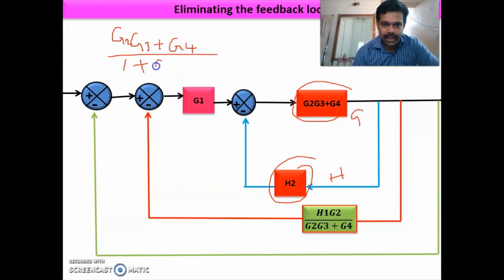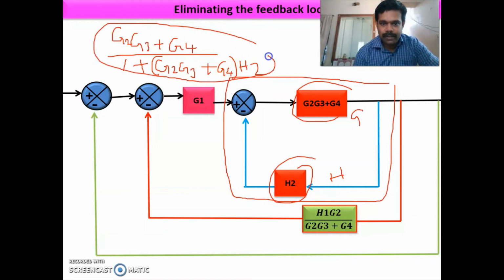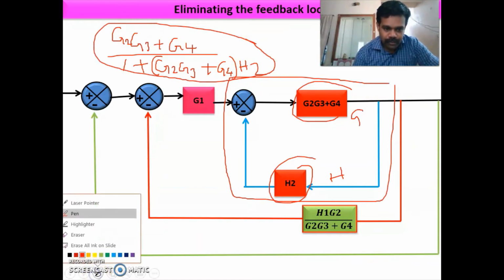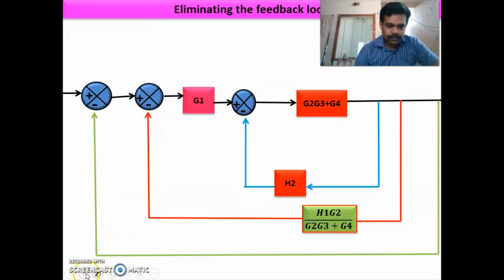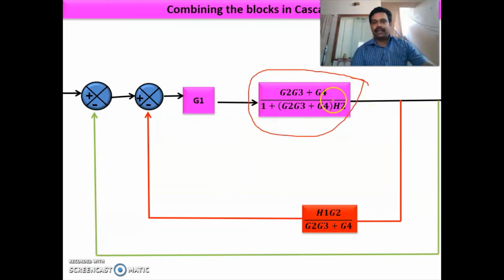First you have to write the G. What is G? G2, G3 plus G4, into H, and H is H2. So instead of this full block, we will replace it by this expression. We have replaced that feedback loop with this expression.